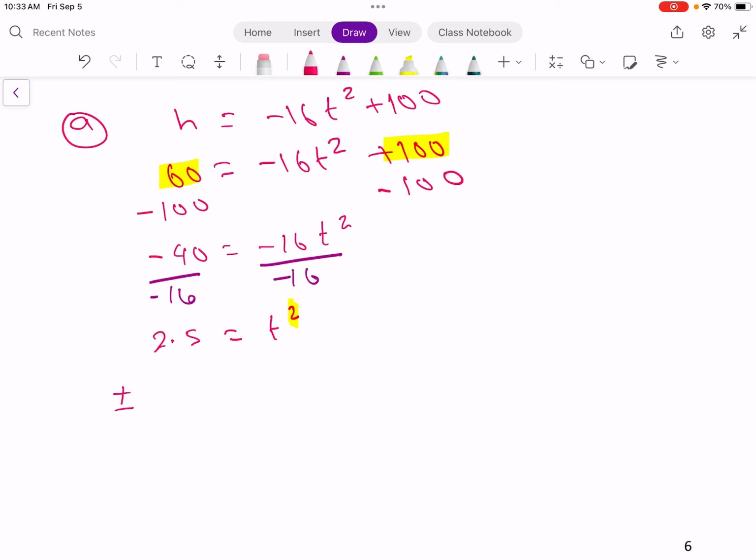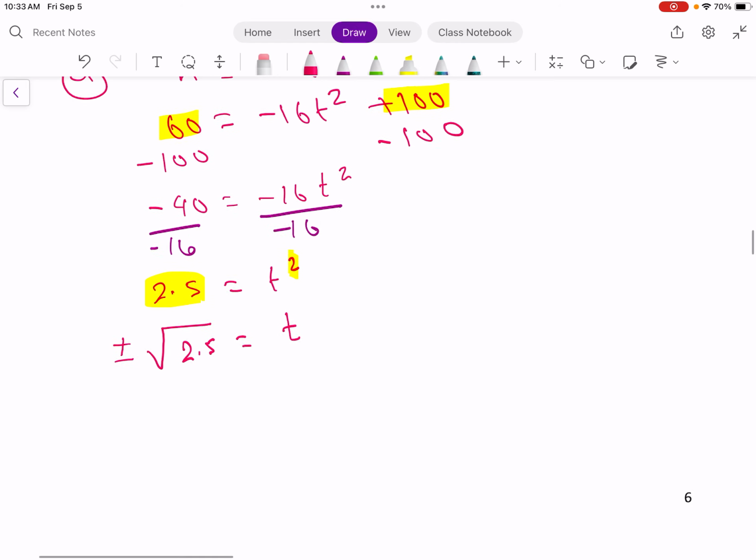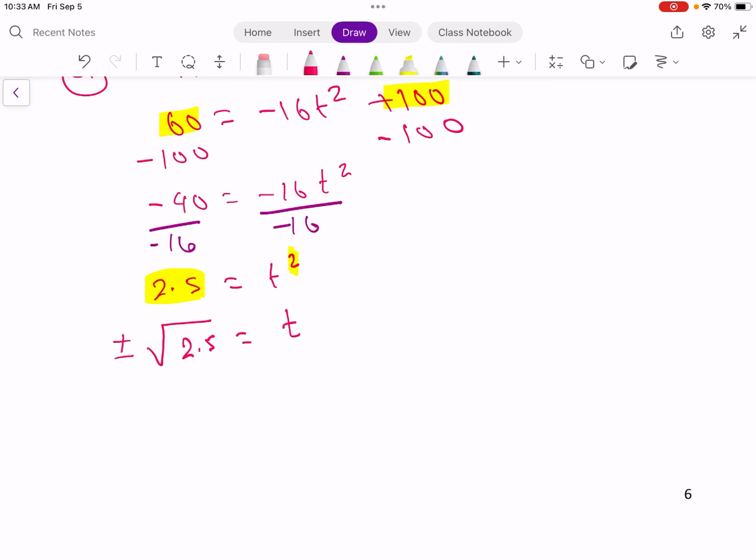Do not forget, every time you want to get rid of a square, you will have plus or minus the square root of whatever you have on the other side. So plus or minus the square root of 2.5 equals t. The square root of 2.5 is 1.58, so plus or minus 1.58 equals t.